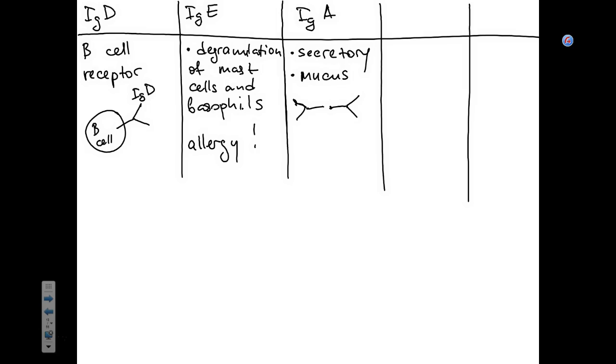The vital secretion, exocrine secretion.